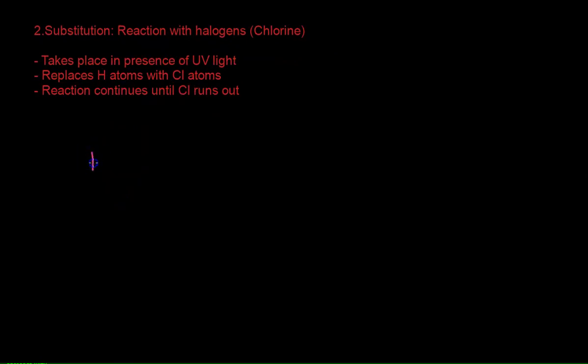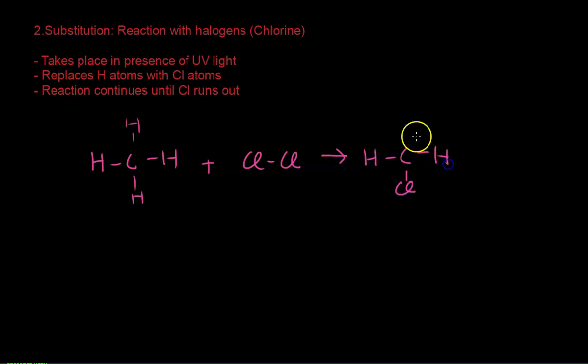Let me just give you an example first before we talk about it. You should by now recognize it's methane with a chlorine molecule, giving me a substituted chloromethane plus hydrogen chloride. How this works is this.